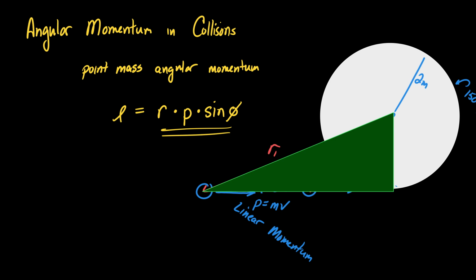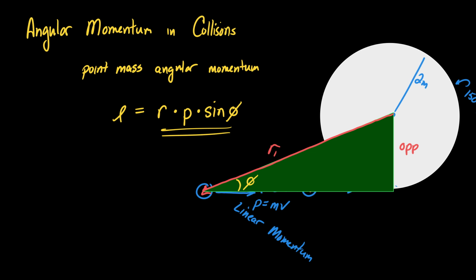It's also lined up with R. This has to be R1. Agreed? That's also the hypotenuse of that triangle. Do you see that? So this side is the opposite side of that triangle, and this has to equal phi. All okay?